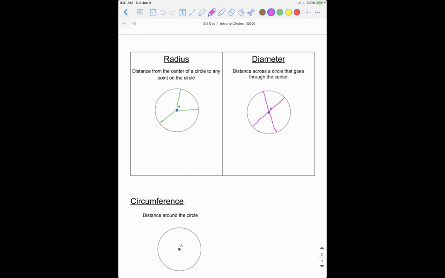The reason we're talking about radius and diameter together here is that the radius is equal to 1/2 our diameter. And with that being said as well, our diameter is equal to 2 times our radius. All right, so they're very connected and pretty darn similar.